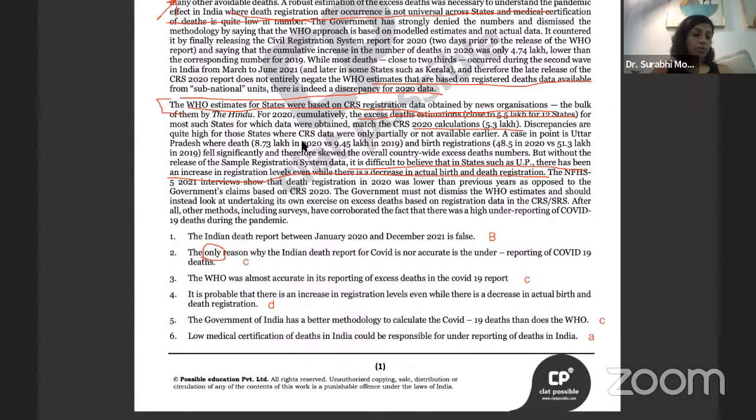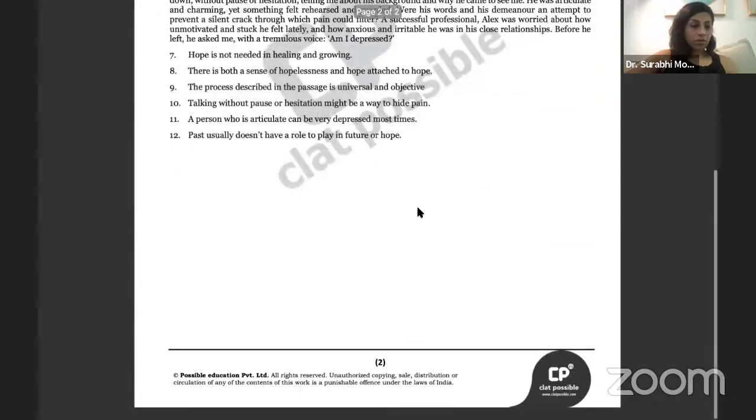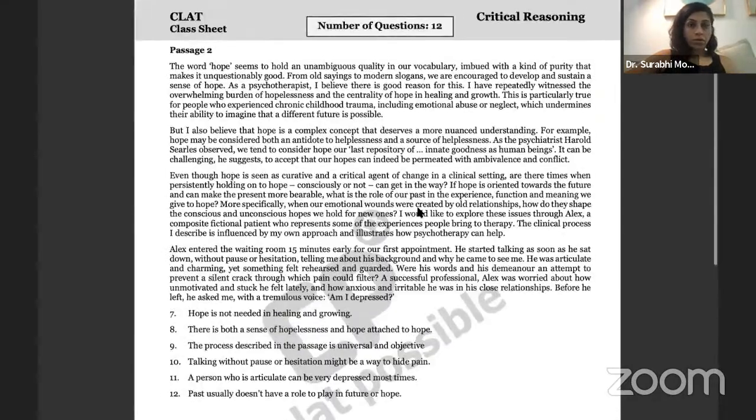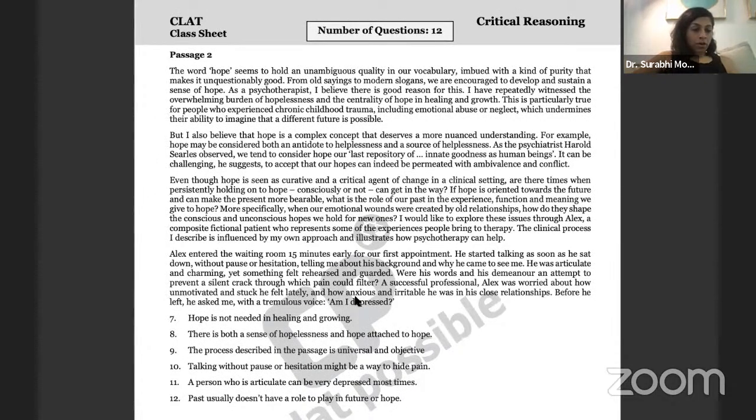Put down your scores. Okay, 5 on 6 is not bad. You keep practicing this question type and then you inch closer to accuracy. Let's come to 7 to 12.